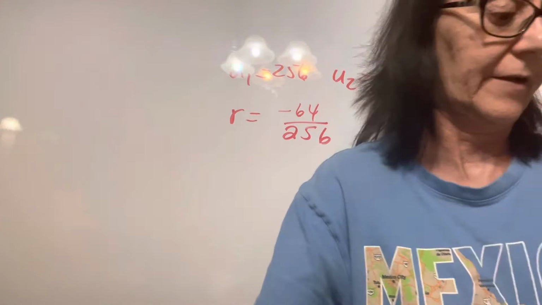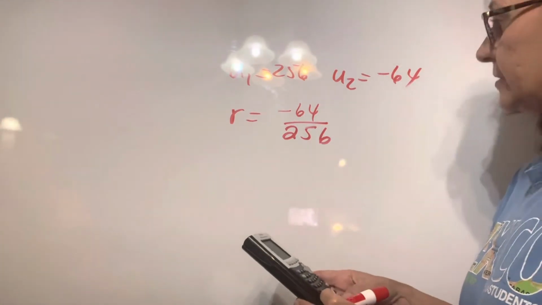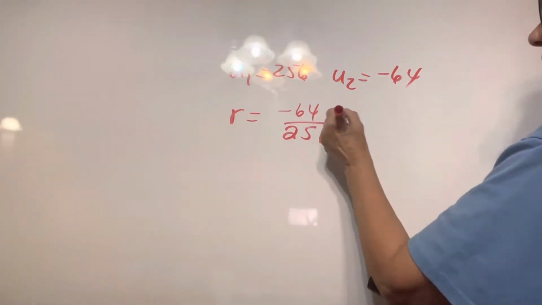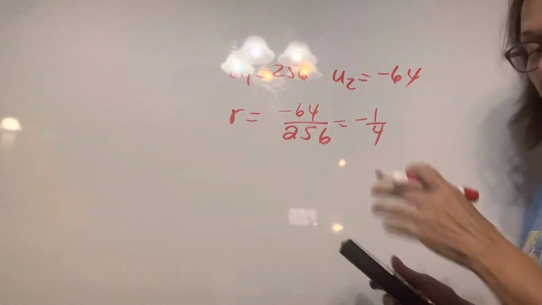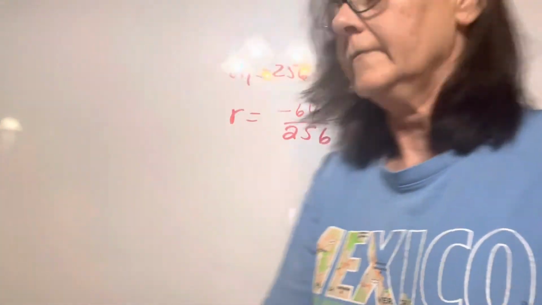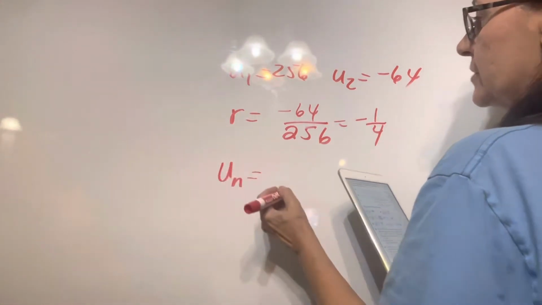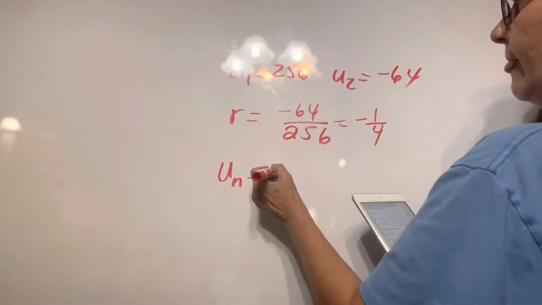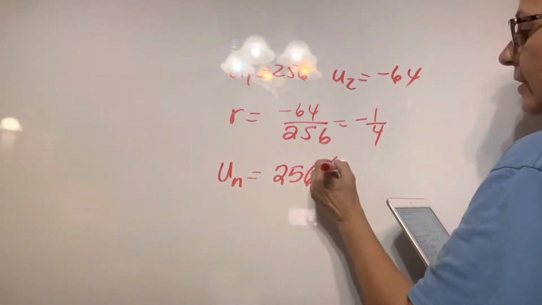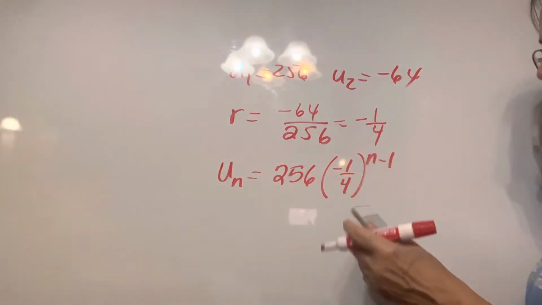It's going to be a negative number. 64 over 256 is 1/4, so it's negative 1/4. That's my rate. So the explicit formula says u sub n equals the first one, which is given, 256, times the rate, negative 1/4, raised to the n minus 1.